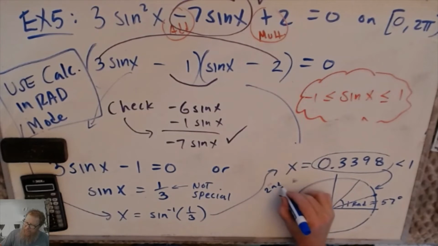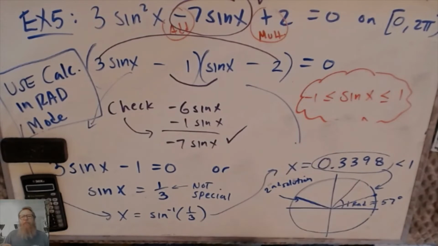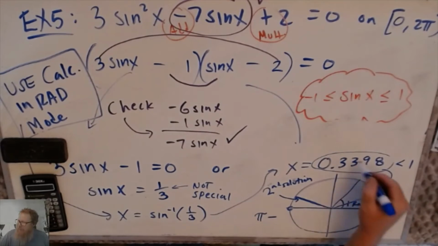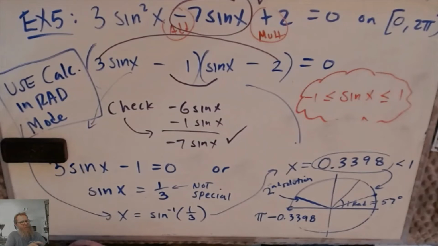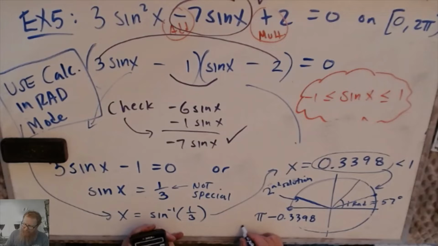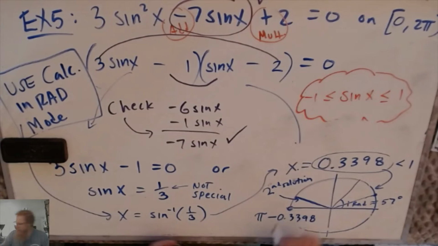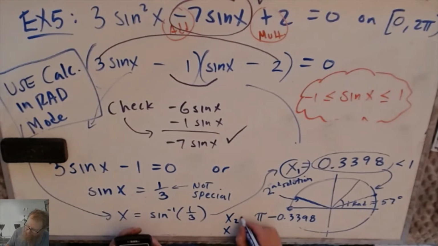This is your second solution. So you do have a second solution. It's going to be pi minus your original solution, .3398. So you're just going to do pi minus .3398, and let's call this one x1, and then we'll call this one x2.